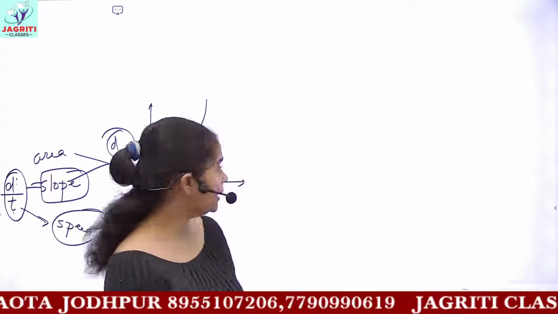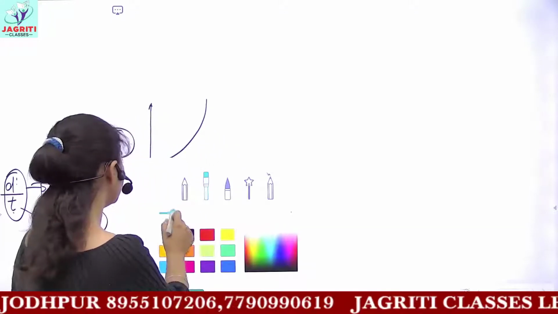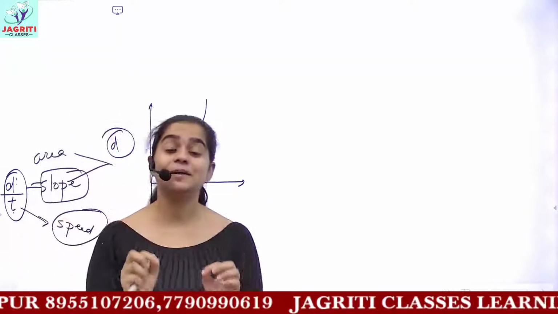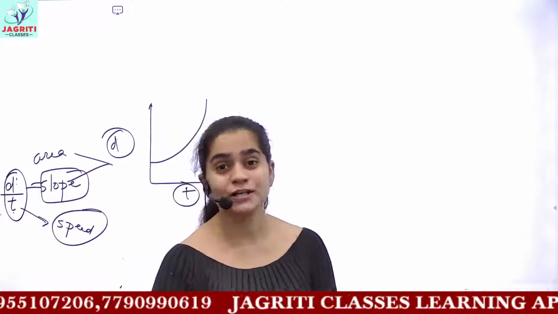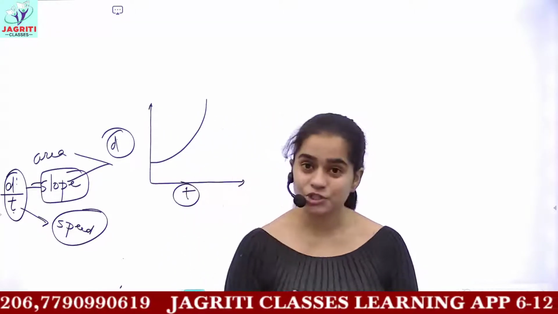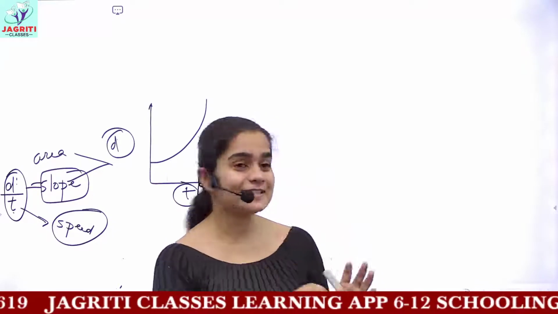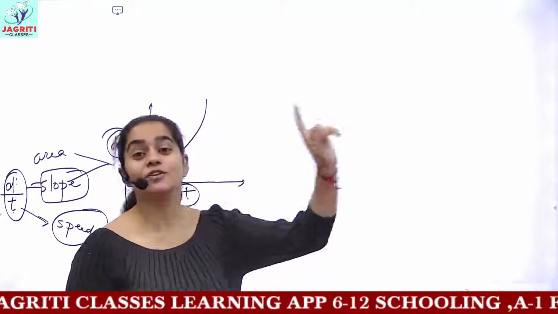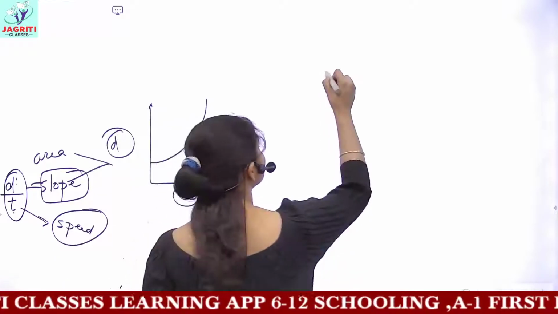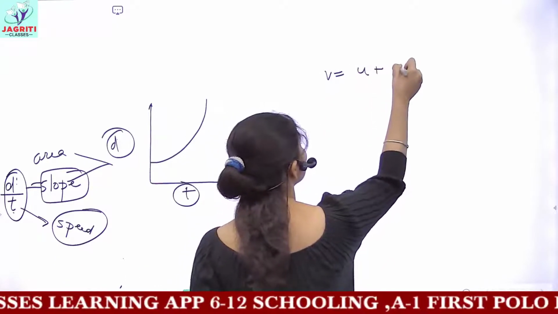Then we also did a very important topic, graphical representation of equations of motion. We have discussed three equations of motion, the v-t relation, s-t relation and v-s relation. That is the velocity time relation, your first equation of motion, v equals u plus at.